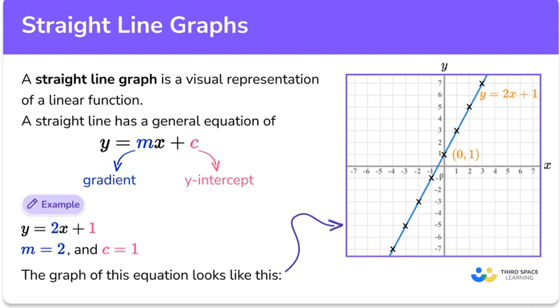So, we are still on the topic of straight line graphs, or linear graphs, and we have discussed two concepts: graph interpretation and understanding the features of linear graphs. So this is what the video is going to be about.